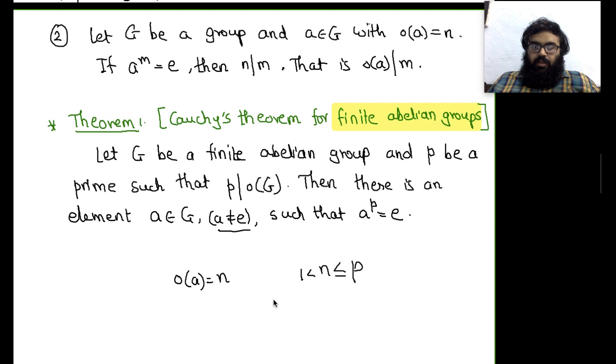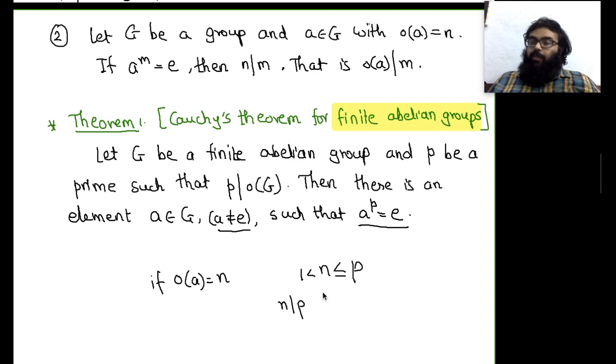But suppose n is less than p. Then n divides p. Right, from this exercise, if A raised to m equals the identity, then the order of A divides the power. So here we have A raised to p equals the identity. Therefore, if the order of A is n, then n must divide p.